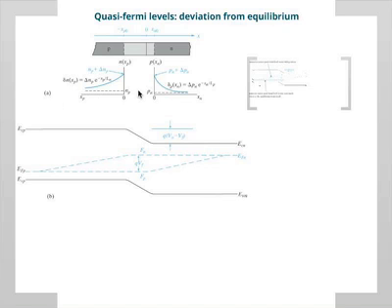Which is basically what's here. So you have the carrier injection. So you have electrons going from here to here. You have a diffusion which happens. Holes going from here to here. You get a diffusion. If you look at the Fermi levels, it's what I drew. Far away from the junction on the p side, you have a Fermi level which looks like equilibrium. As you get closer to the junction, they split into two Fermi levels. You get a hole Fermi level which remains about the same as equilibrium because it's a majority carrier.